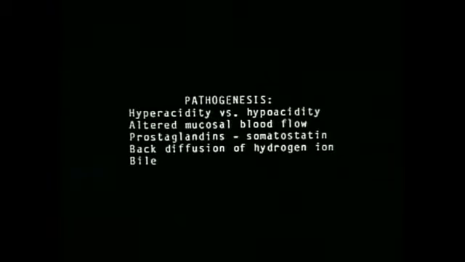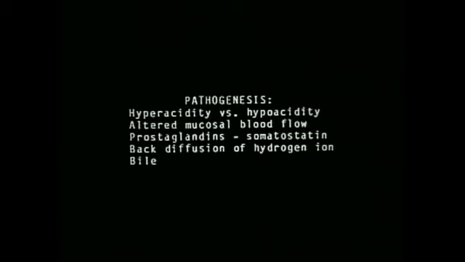The pathogenesis then focused more or less on an interplay or a disruption of the acidity in the milieu of the stomach. It also centered around a disruption of the appropriate blood flow via interference with local prostaglandin synthesis, and also some type of back diffusion of hydrogen ion.